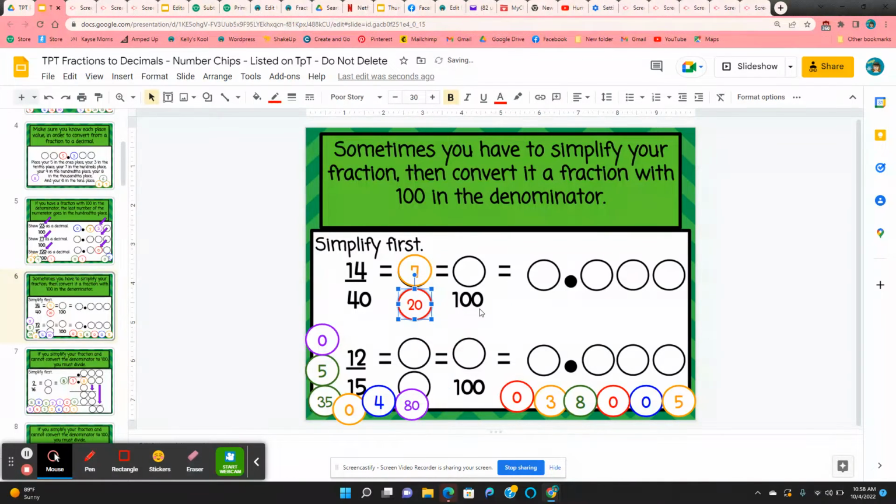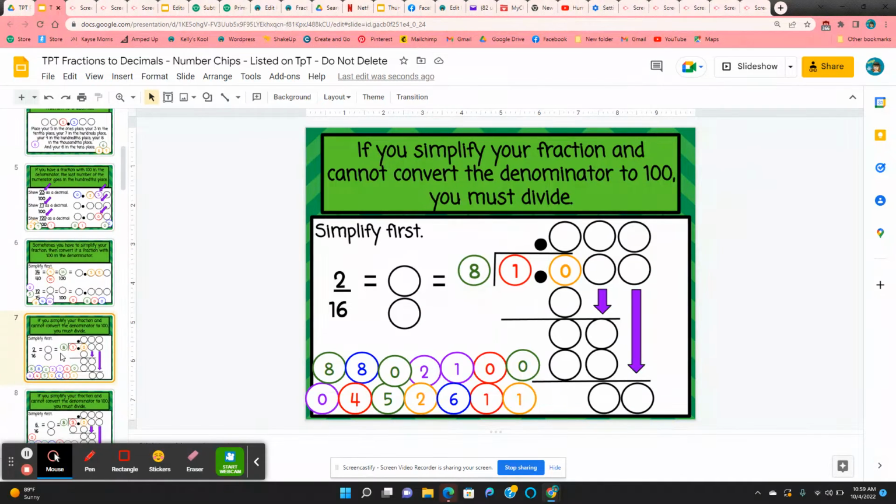Now they can convert it to a fraction with 100 in the denominator. Multiply by 5, that would give them 35 hundredths. And now they can go ahead and place that into the decimal. And then these 2 numbers will be zeros. So again, they have all the numbers they need. They just need to know how to place them correctly.